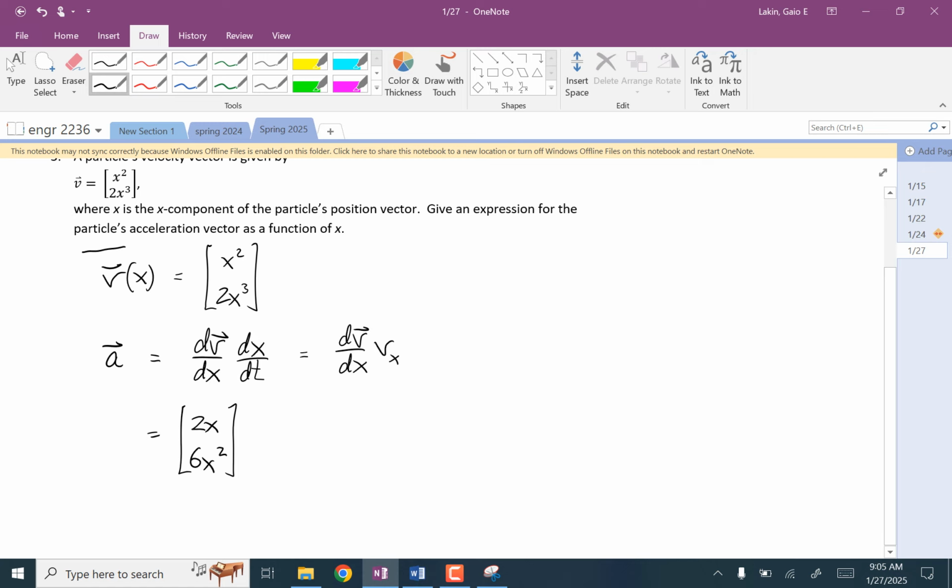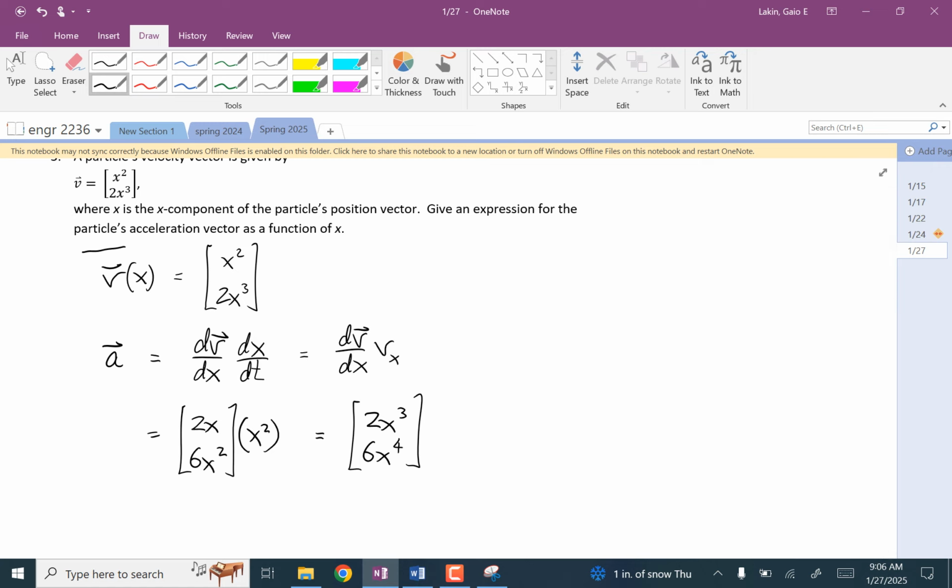Now, what's the x component of the velocity? Well, we have the x and y components of velocity right here in front of us. So now I'm going to multiply this by x squared. And so you get 2x cubed, 6x to the fourth. And that's the acceleration as a function of x.